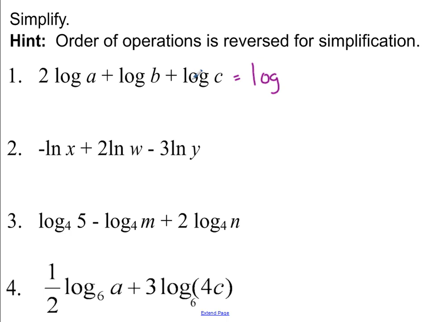Everything's being added, so that should imply multiplication, right? But the 2 comes up as the exponent of the a. Notice only of the a. So log of a squared. Then b and c, these terms are being added. It's like our product property. So log of a squared bc.